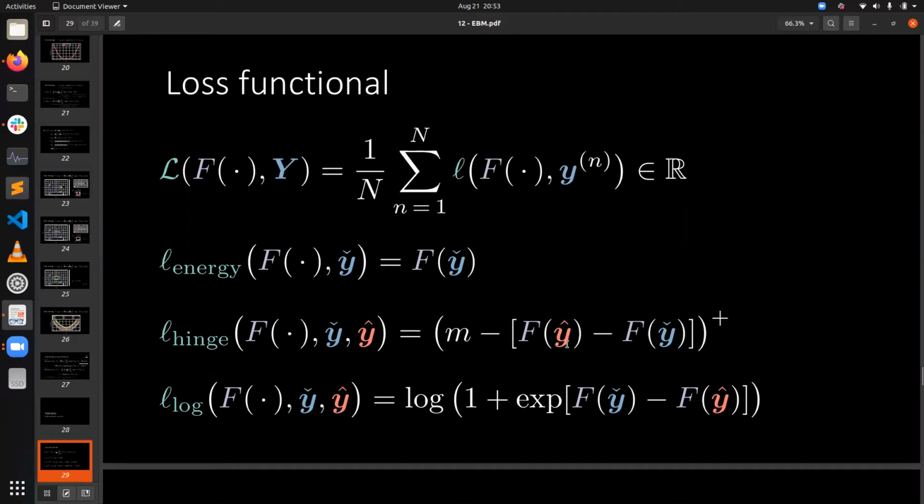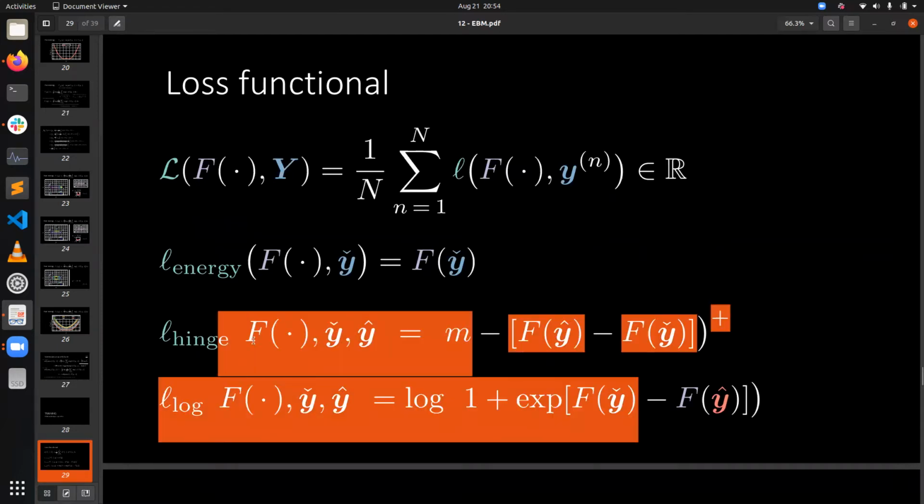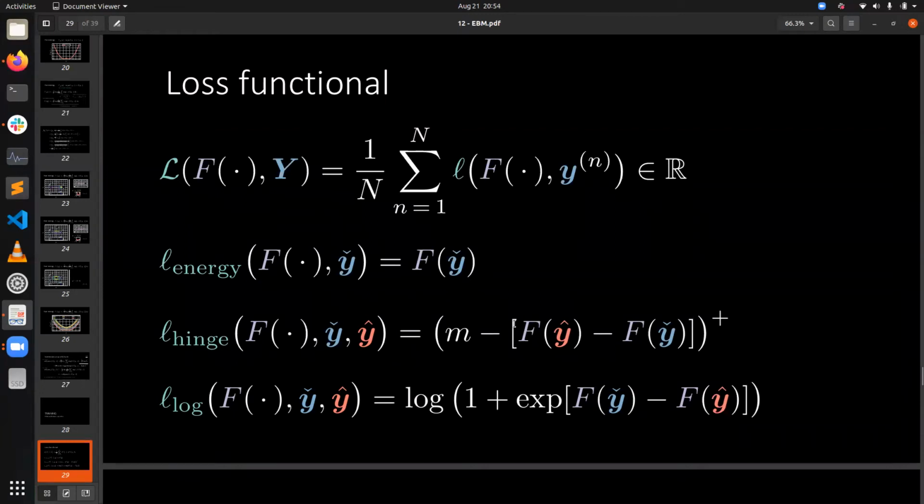You have a margin m, and there should at least be a difference of m between the energies at your actual data point and a contrastive point which is not part of your data set. I hope this made sense. This is just trying to maintain a margin between the energies.